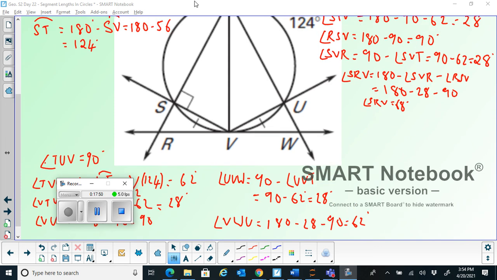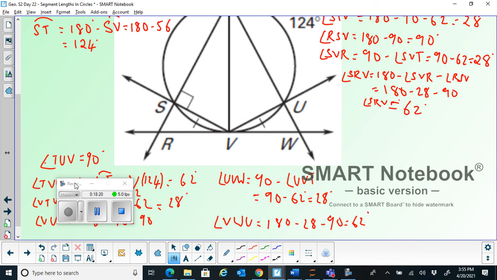Just let's check. 180 minus 28 minus 90, that gives us 62. Okay, there is a small error. So that is 62 degrees and not 68. Just let me make that change. Okay, now further going to the other angles that we see.